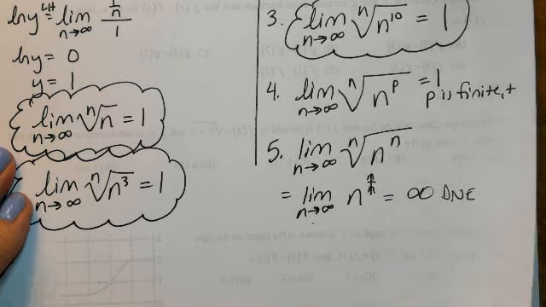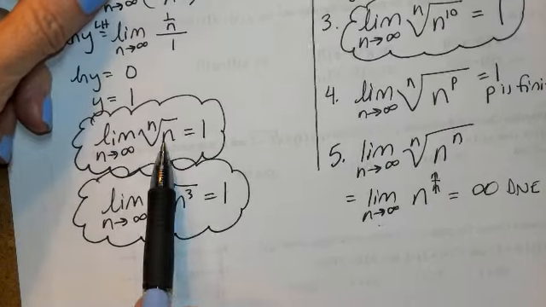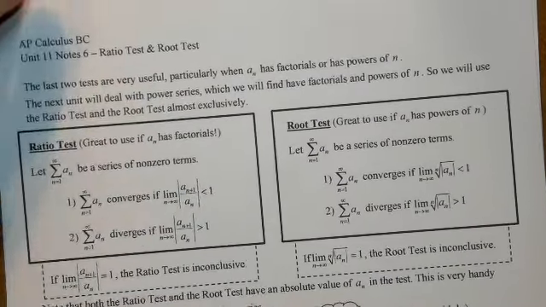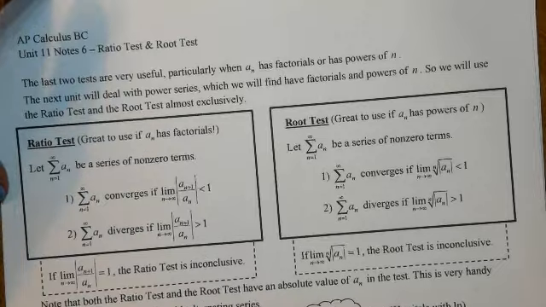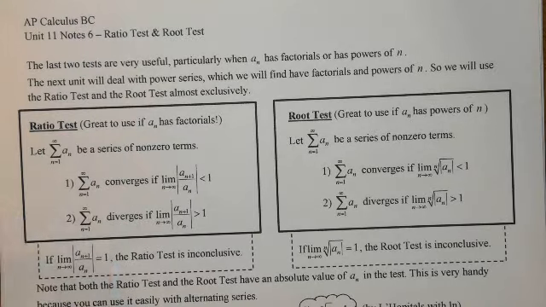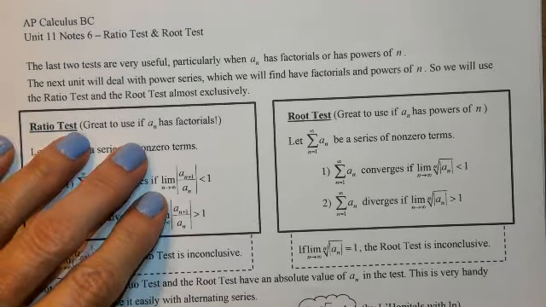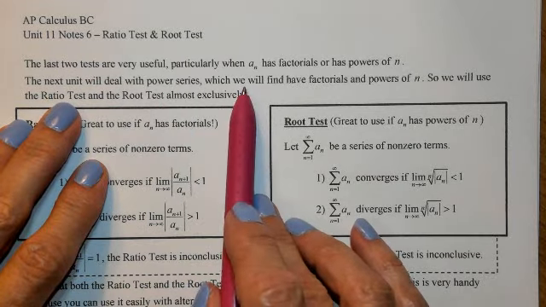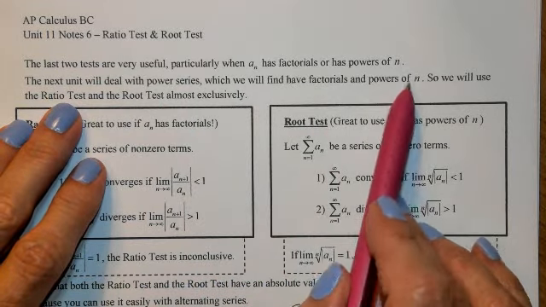So let's keep that in mind, specifically, as that will be useful for the root test, which is why we had all these roots, right? So let's take a look at your notes that I gave you. So ratio test and root test. Okay, very useful tests. The next unit will deal with power series, which we will find have factorials and powers of n in them.